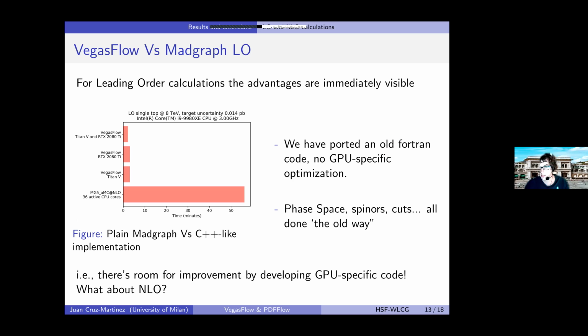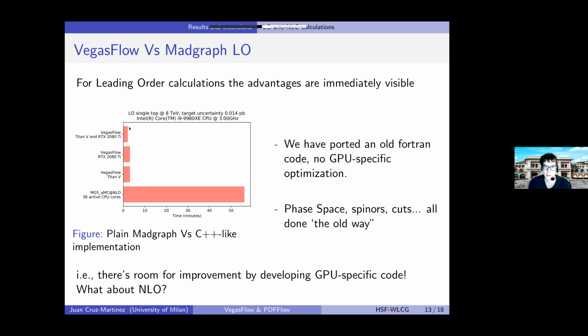Well, here there are three things that change, because also the matrix element is written by hand in our implementation, while it's an automatic generation in the case of MadGraph.